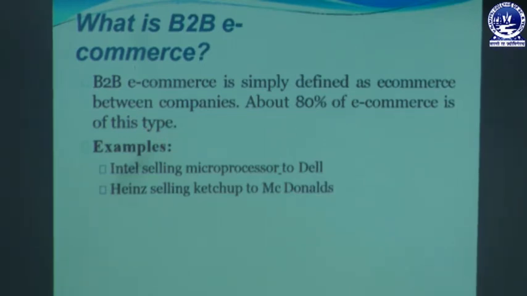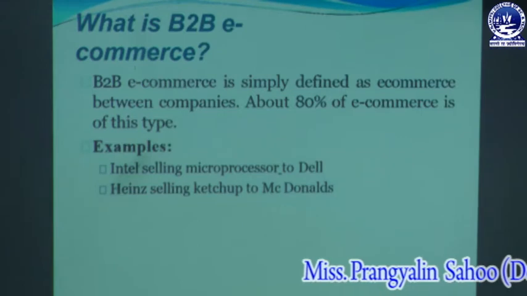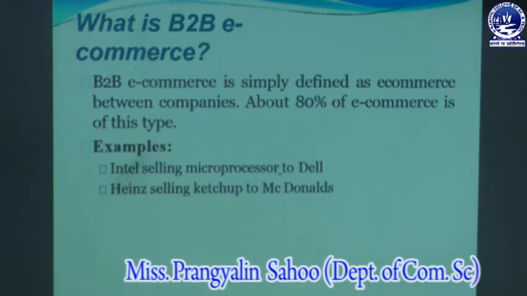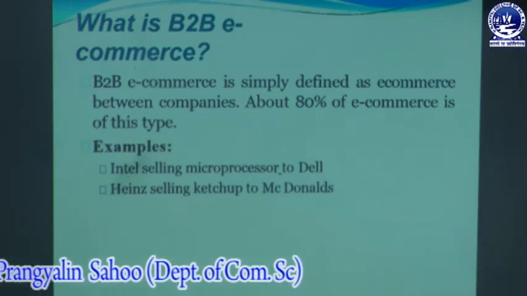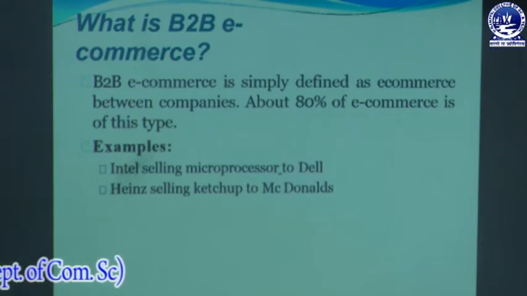For example, Intel selling microprocessors to Dell. Intel is one company and Dell is another company. Whenever one company sells microprocessors to another company, this type of business is known as business to business. Another example is Heinz selling ketchup to McDonald's.